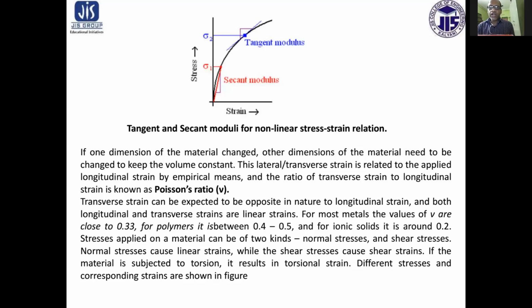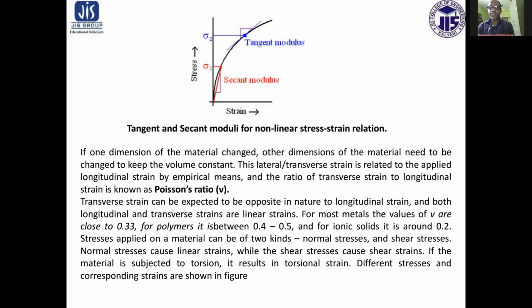If one dimension of the material changes, the other dimensions of the material need to change to keep the volume constant. This lateral or transverse strain is related to the applied longitudinal strain by empirical means, and the ratio of transverse strain to longitudinal strain is known as Poisson's ratio.